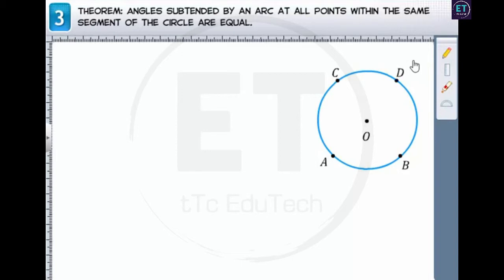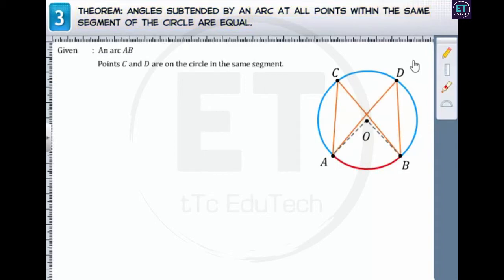Now consider another point D on the circle in the same segment as point C. What can you say about angles ACB and ADB? The theorem states that angles subtended by an arc at all points within the same segment of the circle are equal. So, we have to prove that angle ACB is equal to angle ADB.